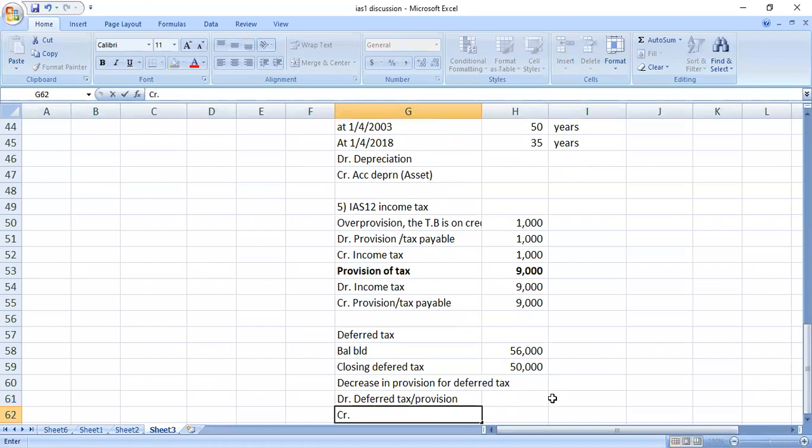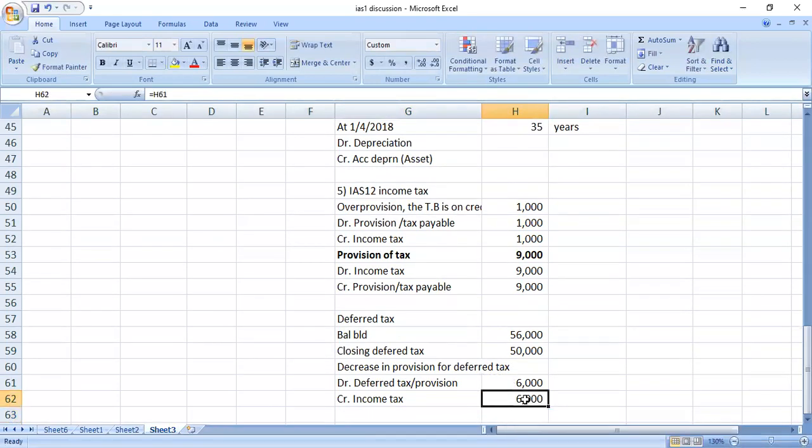In this case, deferred tax does not appear in the income statement, but it goes under income tax, the expense. The difference is 6,000. So for deferred, we're only interested in the change, and that change is what we deal with. The change is that we debit the deferred with 6,000 and credit income tax.